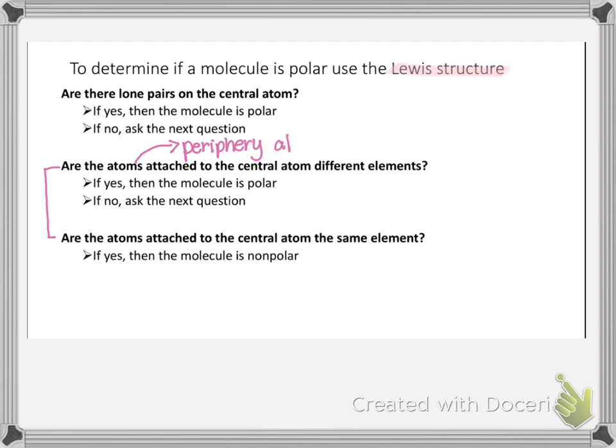They're the outside atoms. And what we're really trying to identify here is whether those atoms are the same element as each other, not as the central atom, but as each other, or whether they are different. So the question is, are the periphery atoms attached different elements, from each other, not from the central atom?